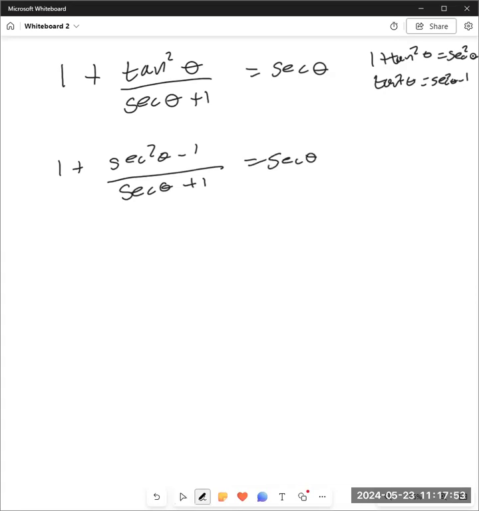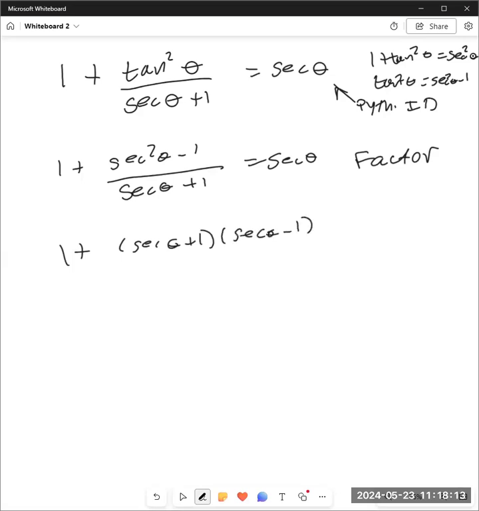And then we're going to factor. So this is a Pythagorean identity as our justification for what we're about to do here. We're going to factor secant theta plus 1, secant theta minus 1 over secant theta plus 1.